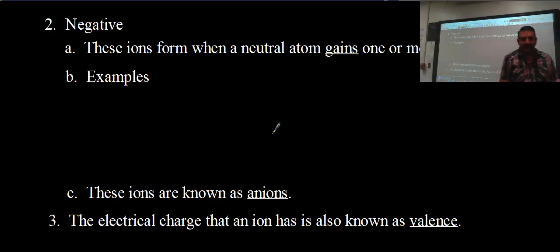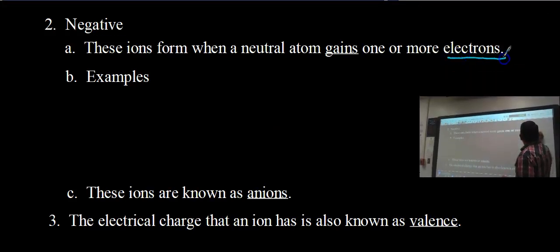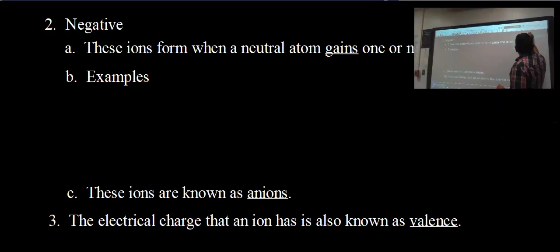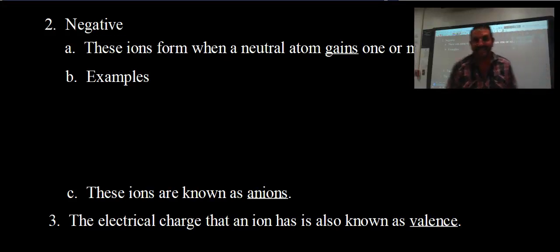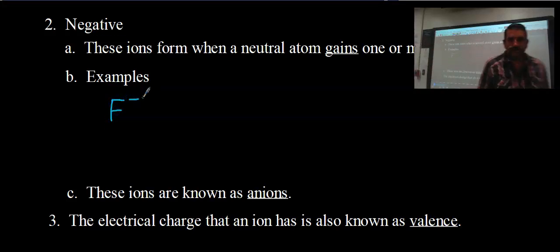So negative ions form when a neutral atom gains 1 or more electrons. Always electrons. Let me show you some examples of these negative ions. These negative ions are known as anions. Fluorine forms an ion with a -1 charge.